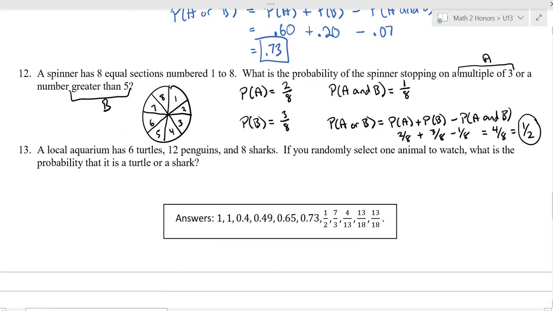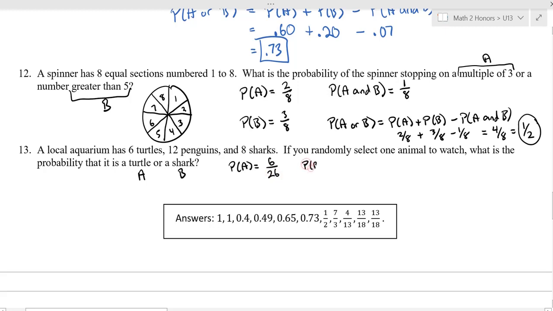Number 13. Local aquarium has 6 turtles, 12 penguins, 8 sharks. If you randomly select one animal to watch, what's the probability it's a turtle or a shark? So turtle is A, shark B, so probability of A. We have 6 turtles out of, you've got to count how many things we've got here, 26, because you've got 12 penguins, 8 sharks, and 6 turtles.